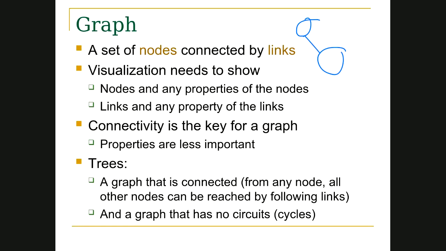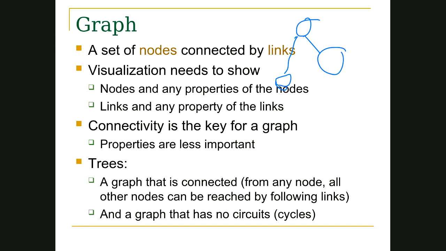How about if I have three nodes? How many edges do I need? I need one more at least, so I need two. What if I add one more? I'm going to have a circuit, no matter where I add it. So for a graph with three nodes, two edges are exactly what I need.